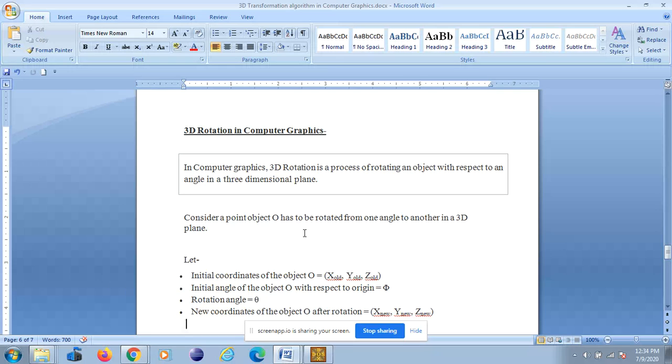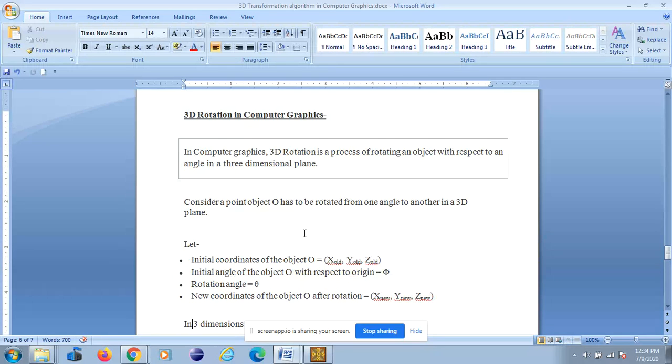After giving the rotation angle, the object will change its position, and the new coordinates of the object will be created after rotation, with new values along the x axis, y axis, and z axis.